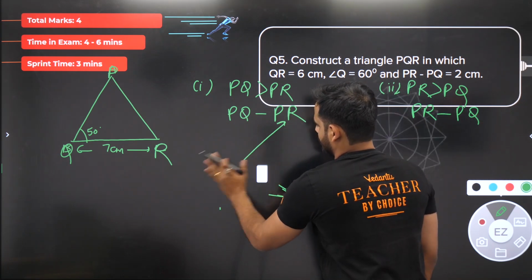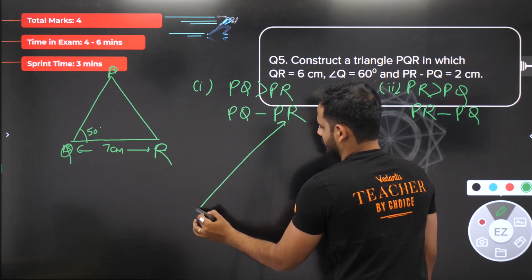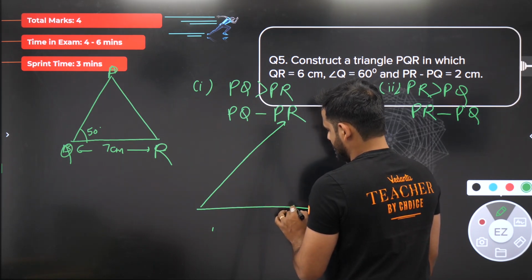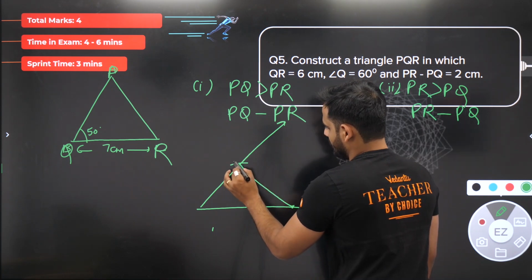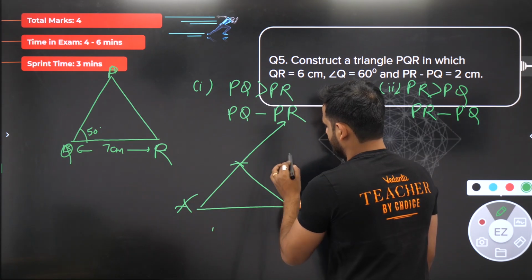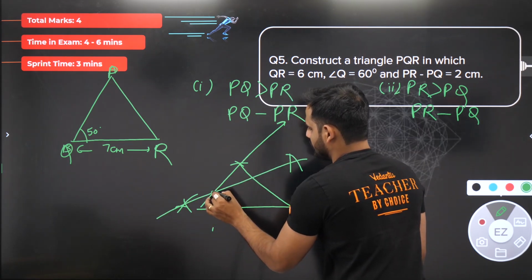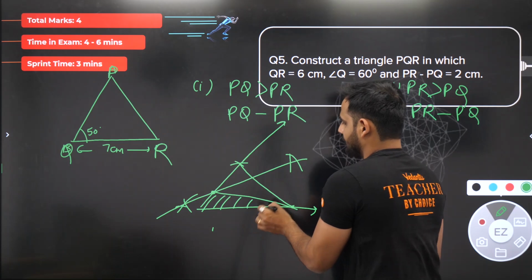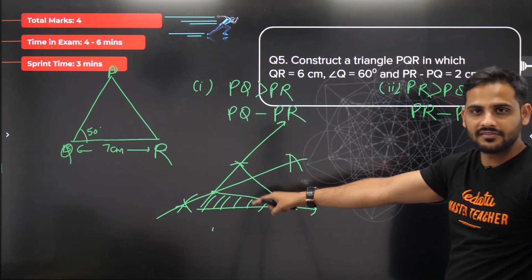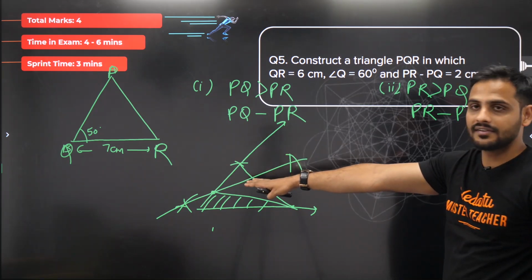Wait, I have drawn it wrong. So I will draw it from here to here. Now we'll draw the angle bisector for this line. Wherever it intersects, that will be your given point.